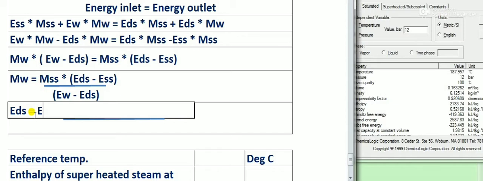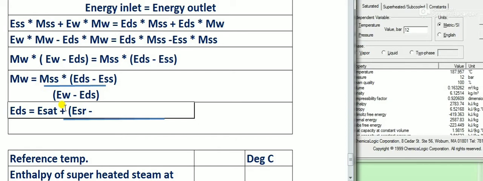So the enthalpy of desuperheated steam is equal to the enthalpy of saturated steam plus, because it is not in the saturation state, the temperature is greater than saturation by 5 degrees.